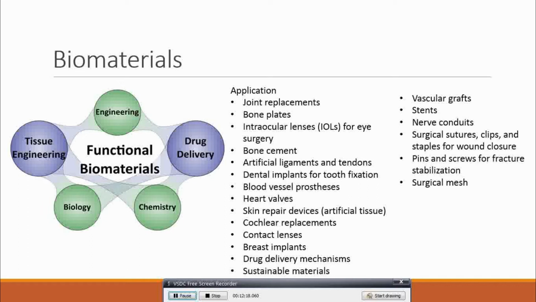Nerve conduits, surgical sutures, clips, staples for wound closure. So nowadays, when they do the operation, they no longer do the stitching. What they do is just staple the wound side. So potentially the wound will close in a few days, and then the staples will be removed. Pins and screws for fractures, stabilization, and last but not least, surgical mesh.